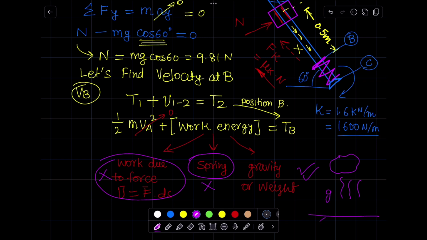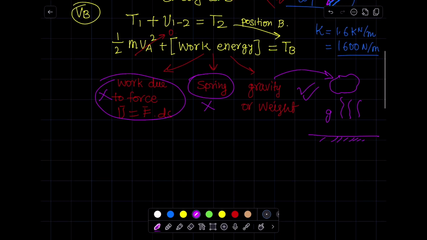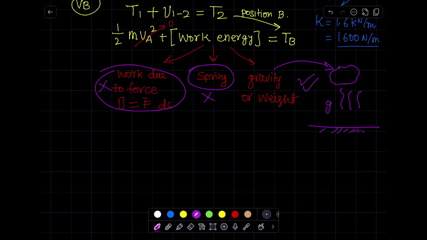When we calculate mgh, the work due to gravity, we take the vertical distance, while in the friction case we take the actual distance along the rod. So in this equation, T1, the kinetic energy at A, is half m v_A squared, which is 0. The velocity at point A is 0, the collar is stationary.